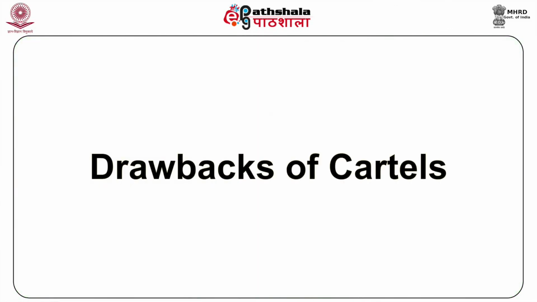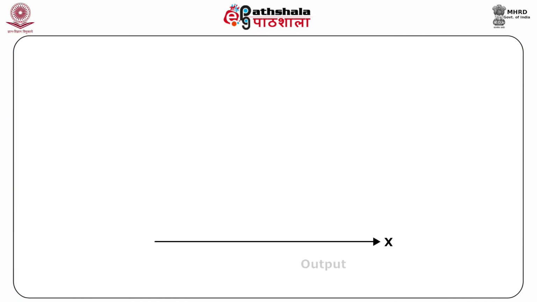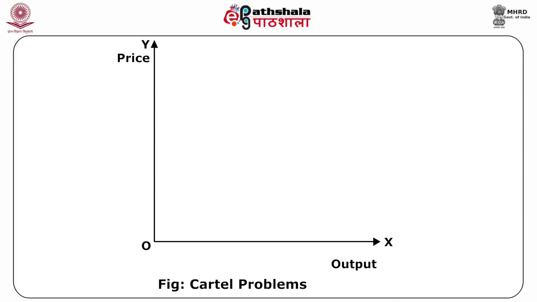Drawbacks of the cartel. The problem is explained in figure 2. In figure 2, let us suppose that the cartel decided the price PR to prevail in the market. The price which is fixed at PR is observed to be higher than the price that should prevail under oligopolistic competition.